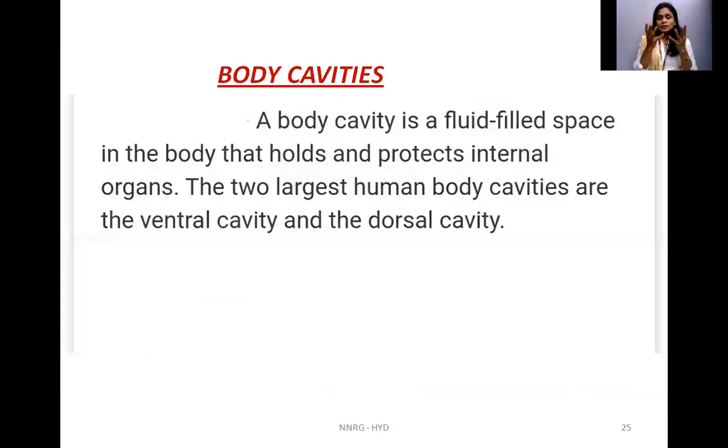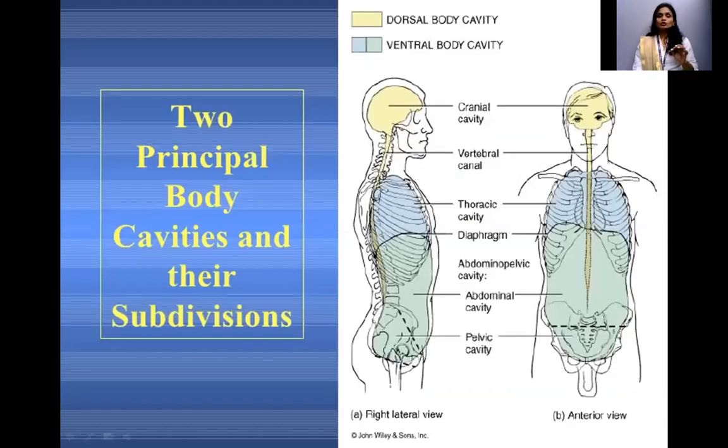The two largest human body cavities are the ventral cavity and the dorsal cavity. These are the two principal body cavities, and they are again subdivided.